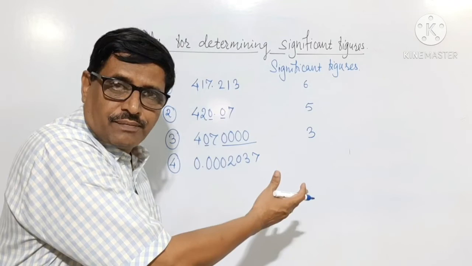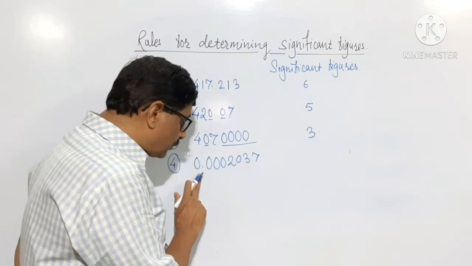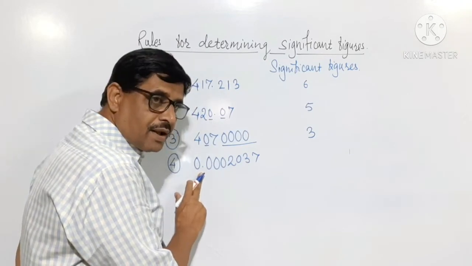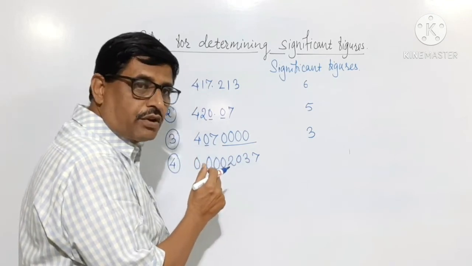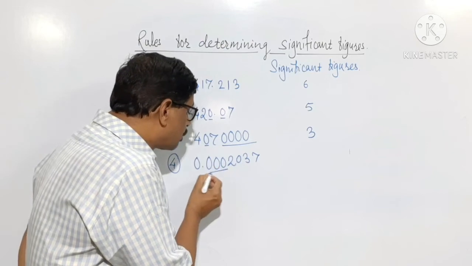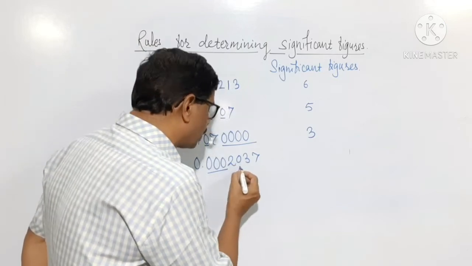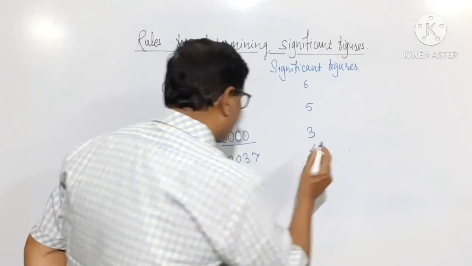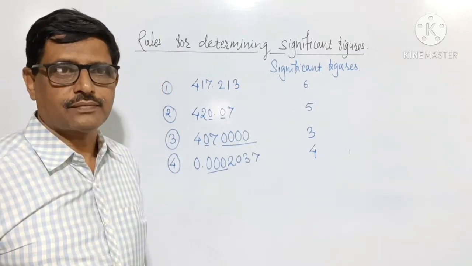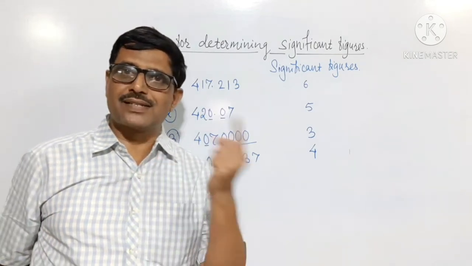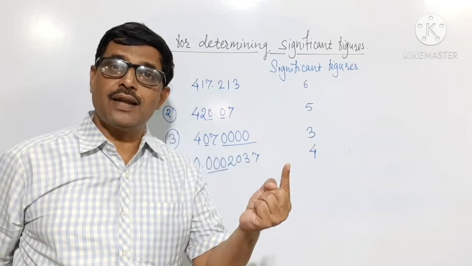If such is the measurement, then the zeros which are present after the decimal and before the first non-zero, these zeros are not significant, but this zero between the two non-zero is significant. Therefore, in this case, the significant figures are 4. For a number less than 1, zeros which are present after the decimal are not significant.